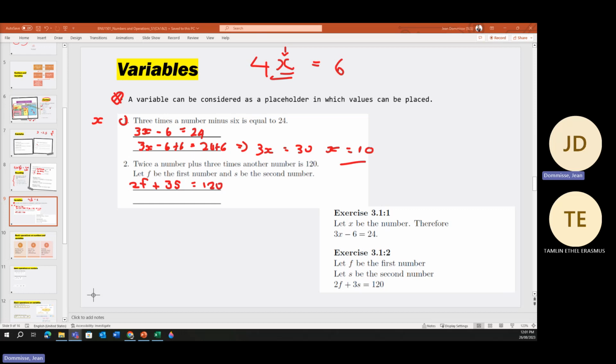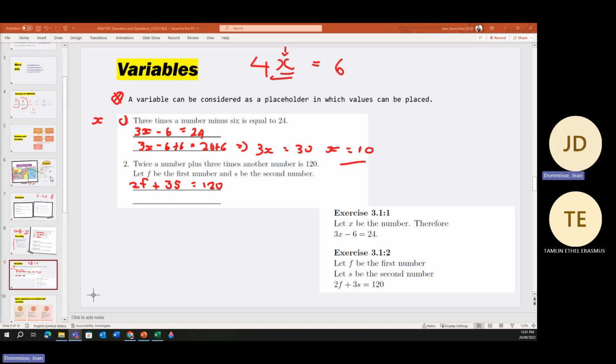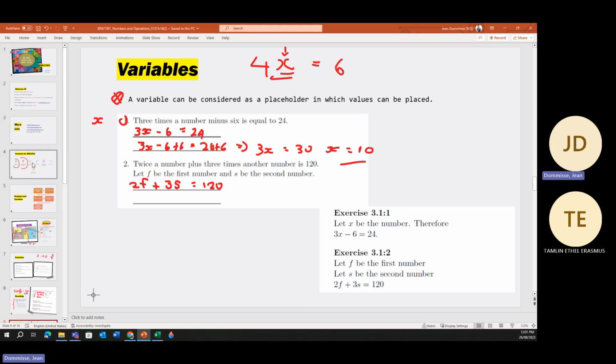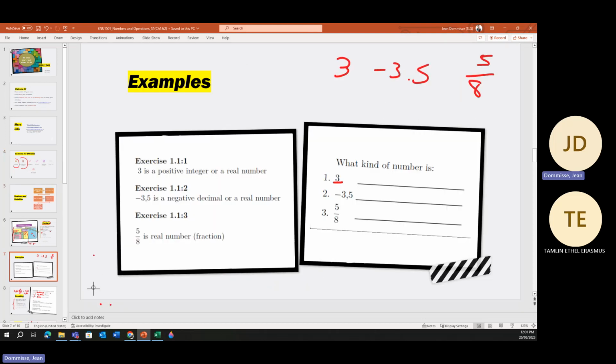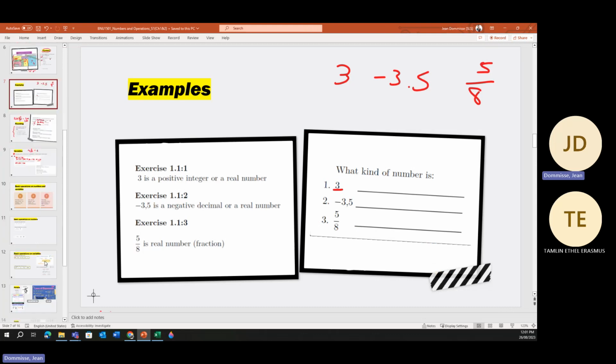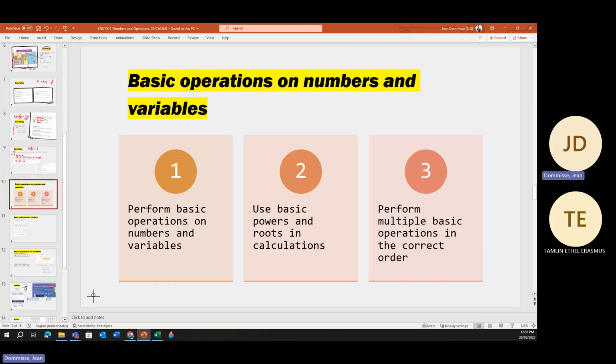Okay, so that was the first session, things that we needed to look at for BNU, so it is numbers and variables. Now we go into a basic operations component. So for basic operations, there are a few things that we will look at.